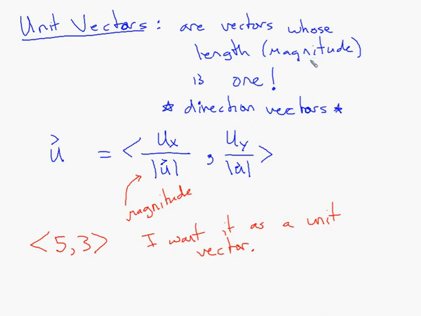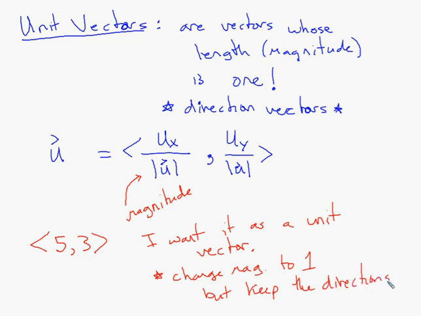I want it to be a 1. What am I preserving? What I'm doing here is I change the magnitude to 1, but keep the direction. That's what I'm doing here.